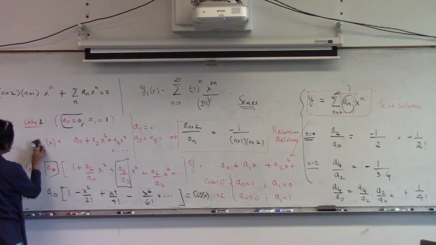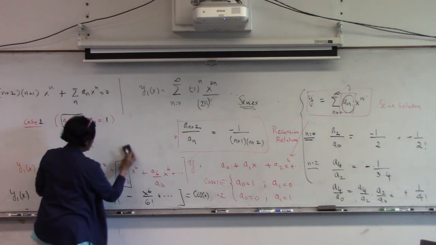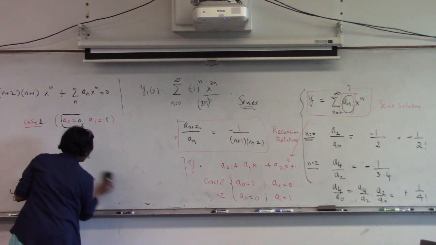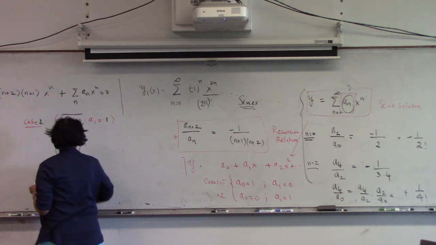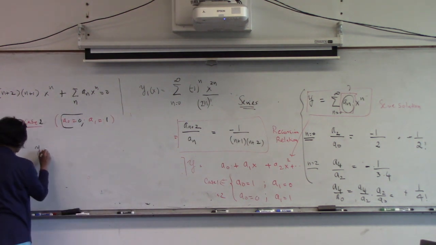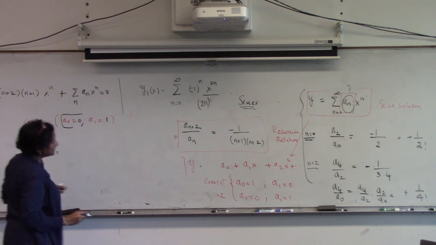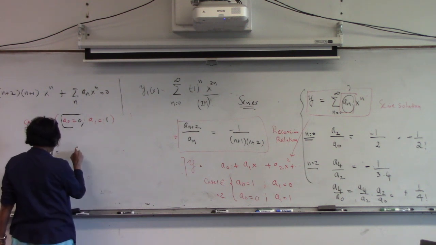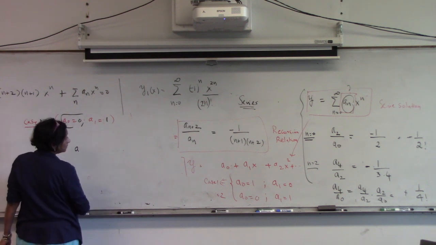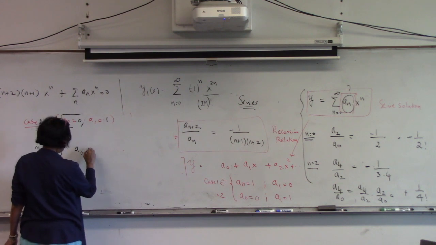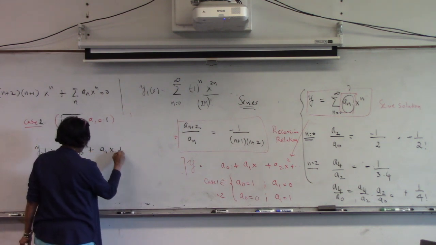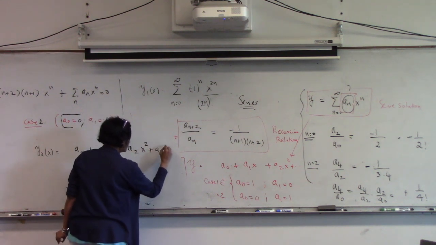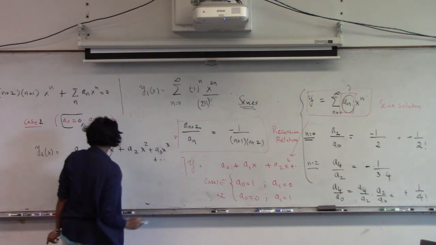And what happens is then, y2 of x, let's first write down fully and then we put this. Y of x is A0 plus A1 x plus A2 x squared plus A3 x cubed. That's the full expansion of that equation.